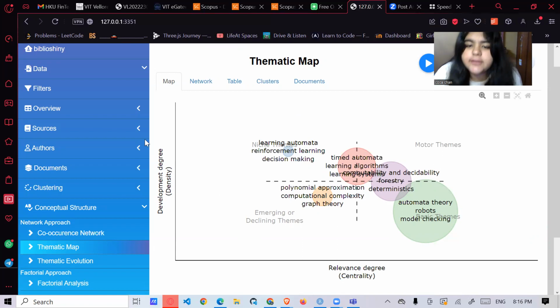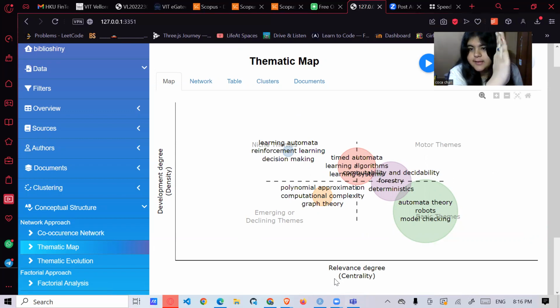If you see, this is the x-axis, this is the y-axis. This talks about centrality, or the relevance degree. It goes from lesser relevance to higher relevance.